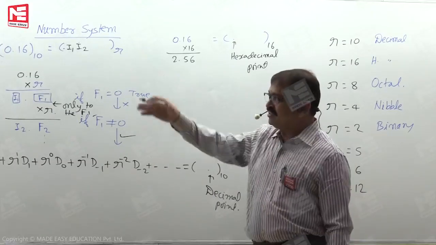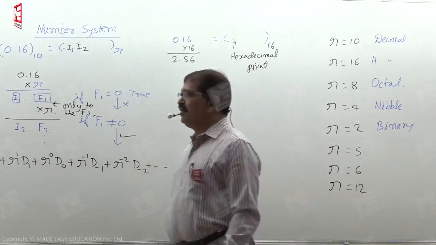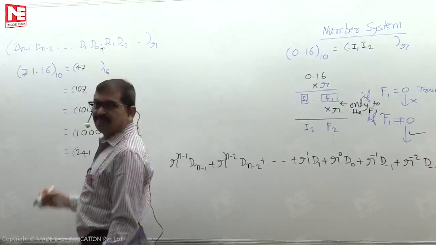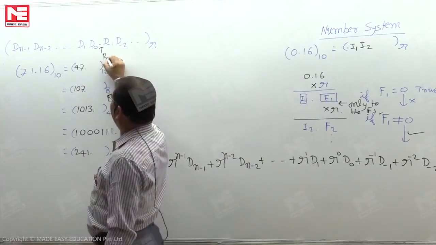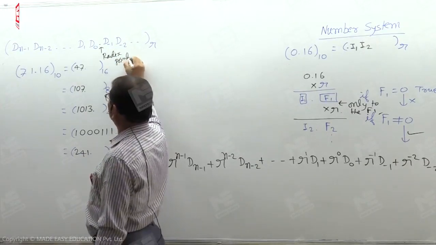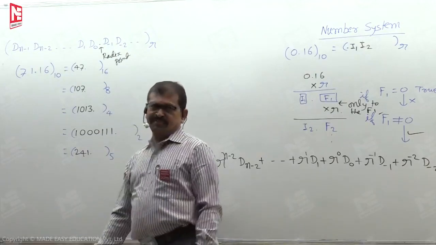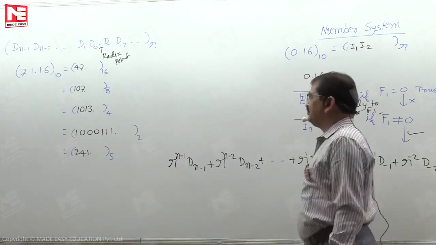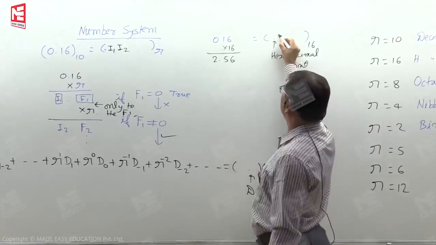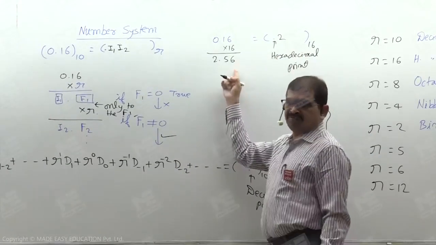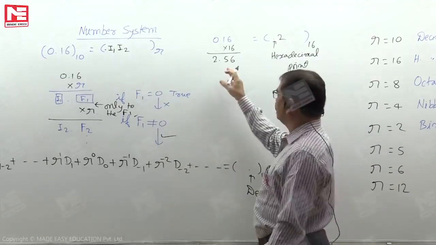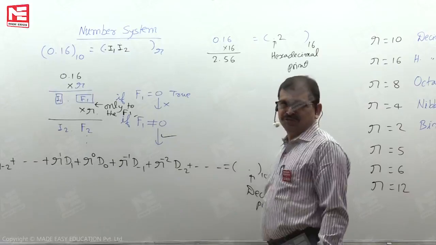It is the thing I said in the general case also. I gave the name here, this as the radix point. It is a more general way of speaking. So after this hexadecimal point, the first digit must be 2. The fractional part f1, based on the notations we used in the general case, is not equal to 0.